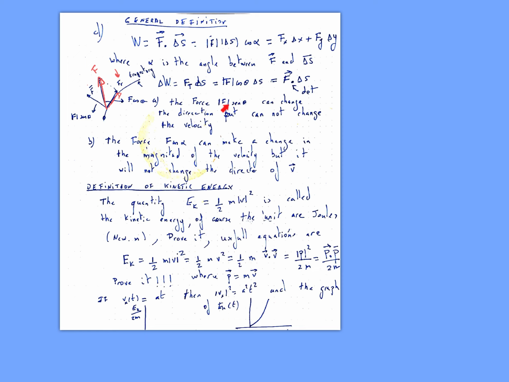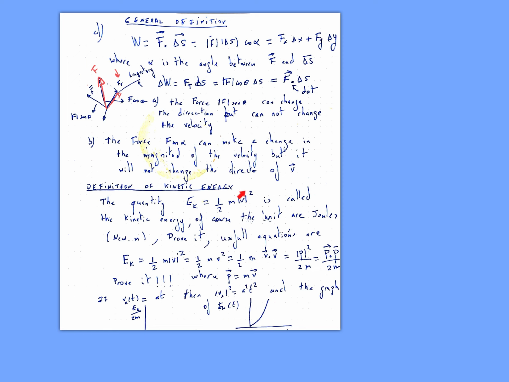Only the force F sine theta, going perpendicular to the trajectory, makes a change in the direction of the object. It doesn't make a change in the velocity. Then the change in kinetic energy is due to the force in the direction of the trajectory.